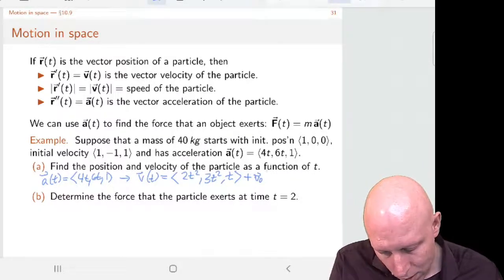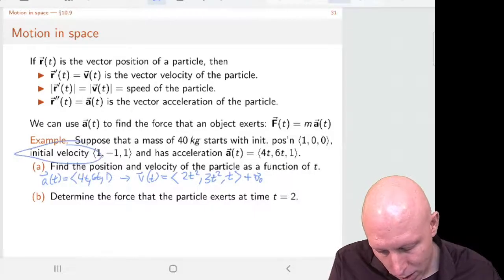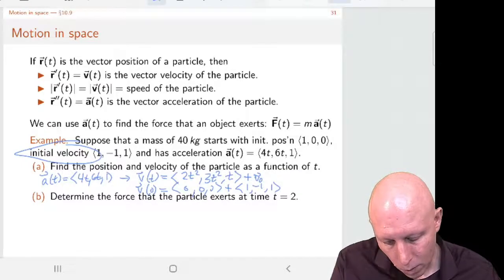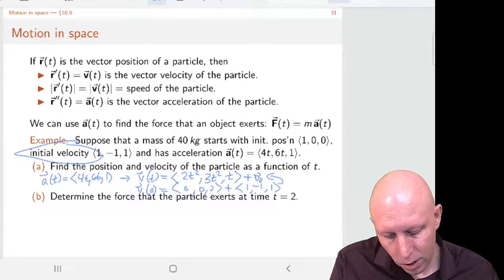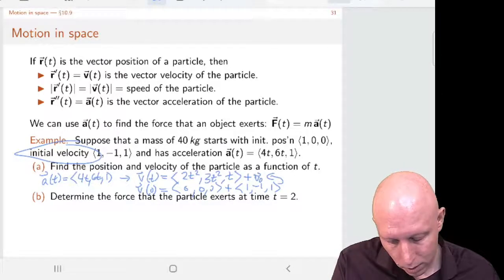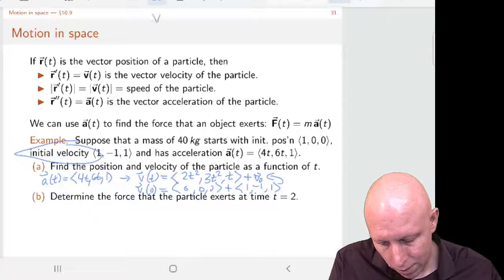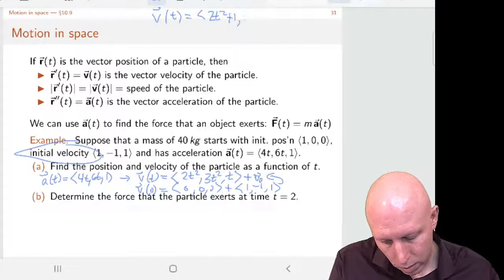We can figure out what the constant of integration is by looking at the initial velocity. V of 0 is equal to (0, 0, 0) plus (1, -1, 1). So that's telling us that this V0 is (1, -1, 1). So that tells us that V of t is equal to (2t squared plus 1, 3t squared minus 1, t plus 1).